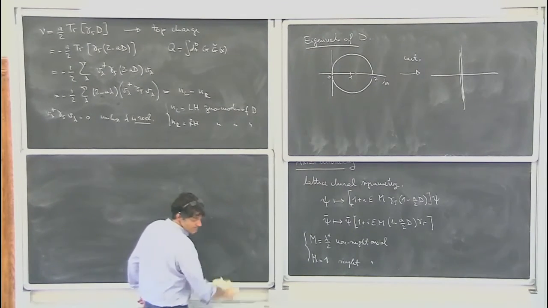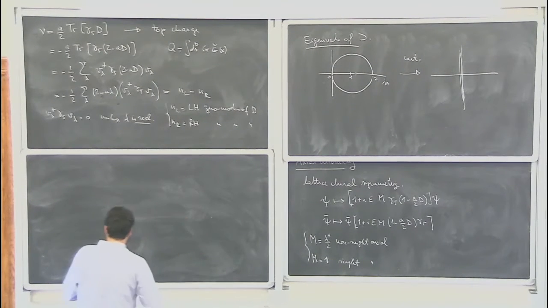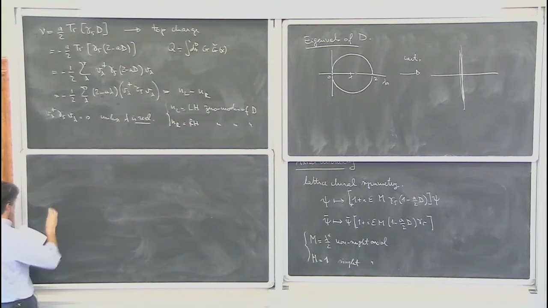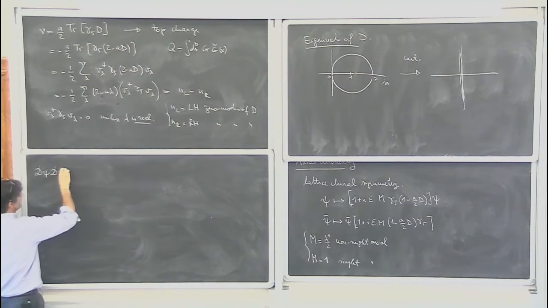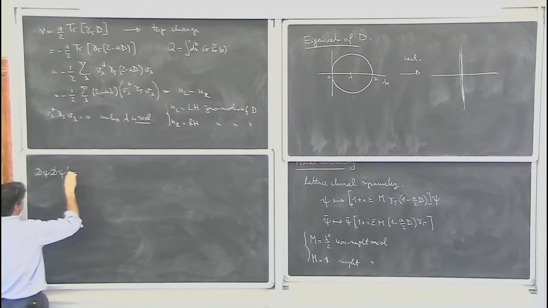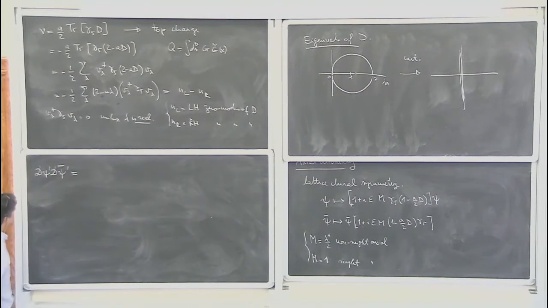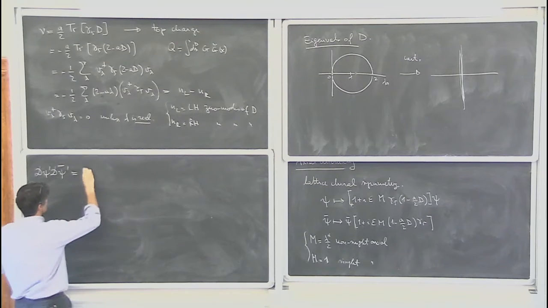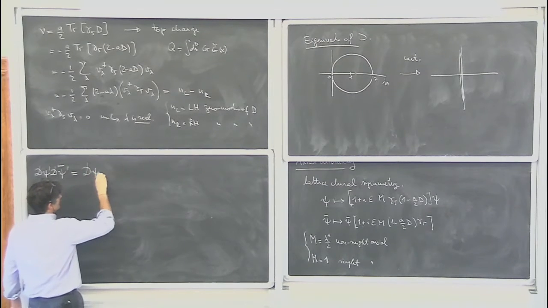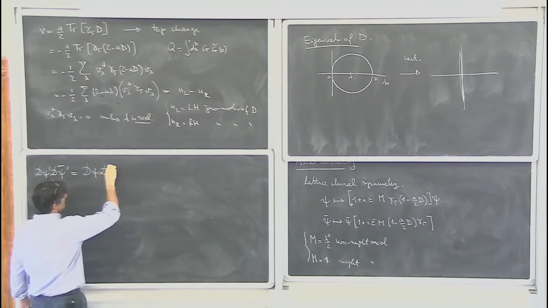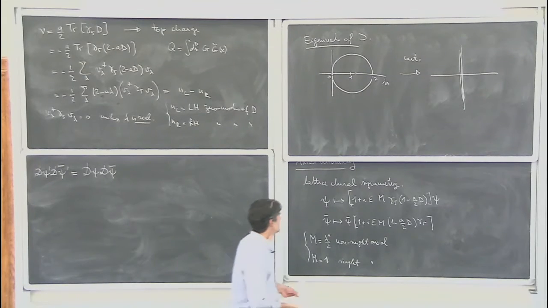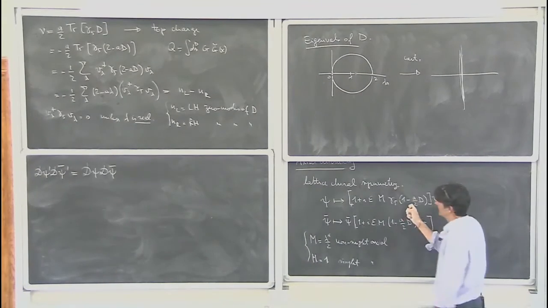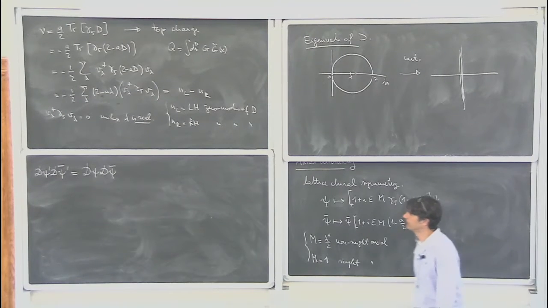So we can write the measure dψ', dψ' bar as dψ, dψ bar, and then we get the determinant of the Jacobian.